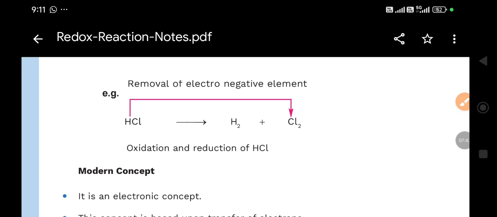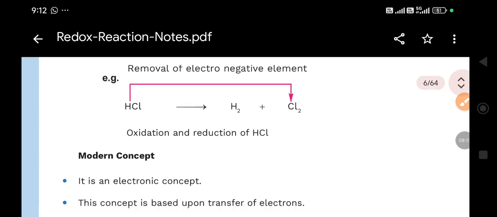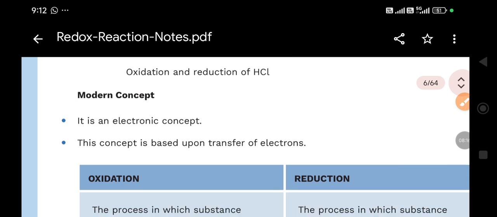Here the example is HCl. HCl dissociates into H2 and Cl2. From HCl, Cl is removed, so this is removal of an electronegative element. Whereas if we talk about HCl to H2, an electronegative element is removed.